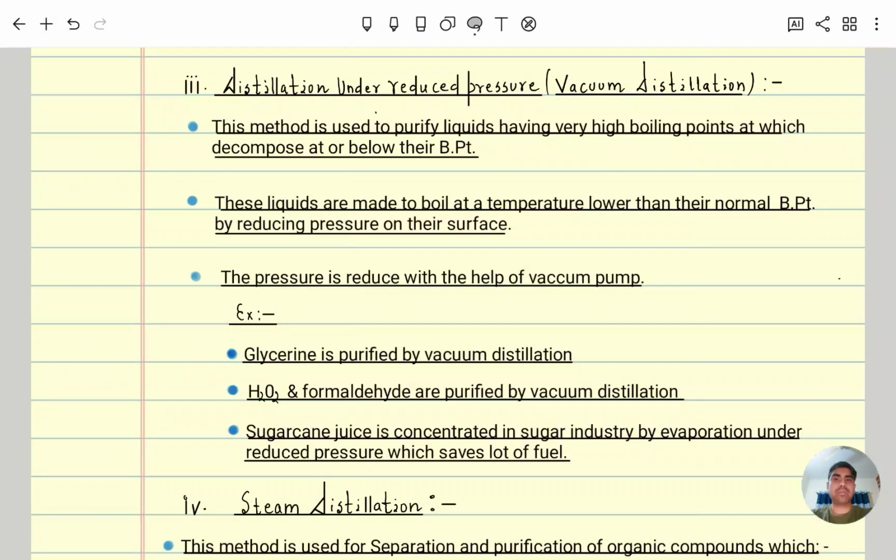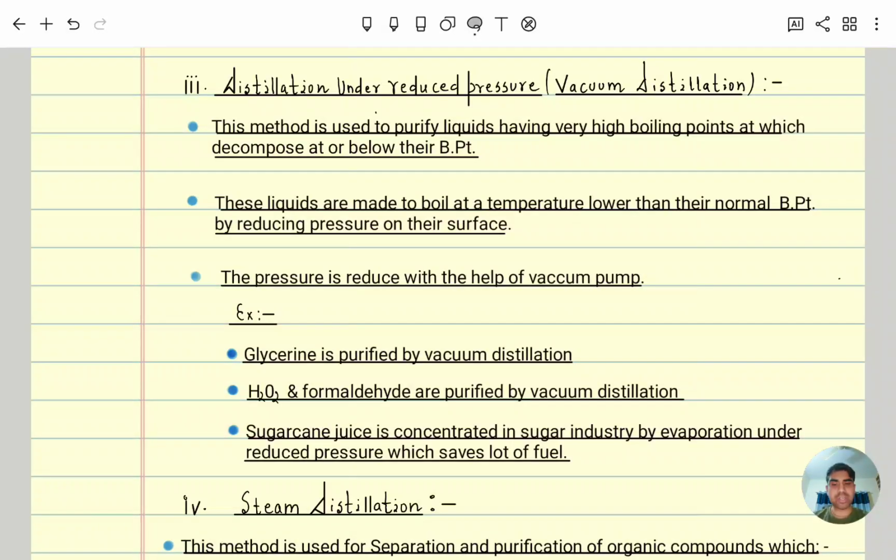Instead, we do one thing. We know one definition of boiling point: the temperature at which the vapor pressure of the liquid is equal to the atmospheric pressure. When the vapor pressure of a liquid equals or exceeds the atmospheric pressure at a given temperature, that temperature is called the boiling point. So here you can see distillation under reduced pressure.